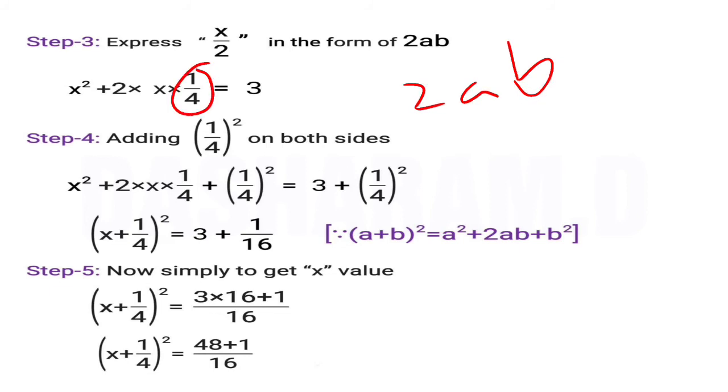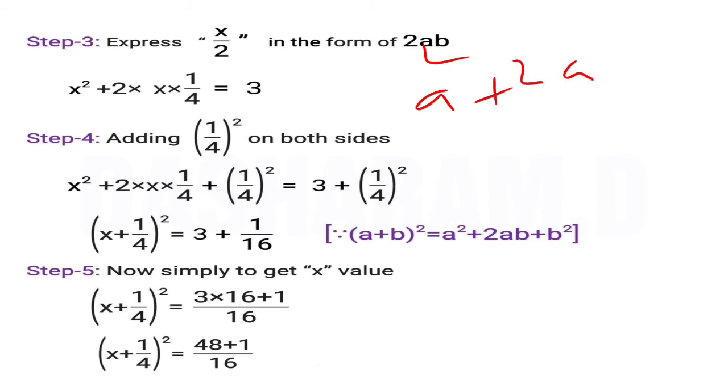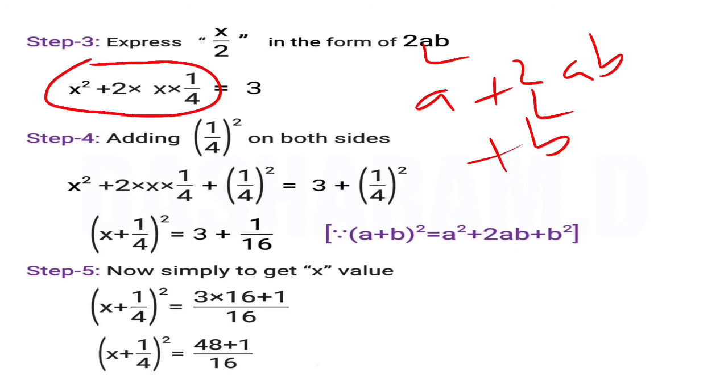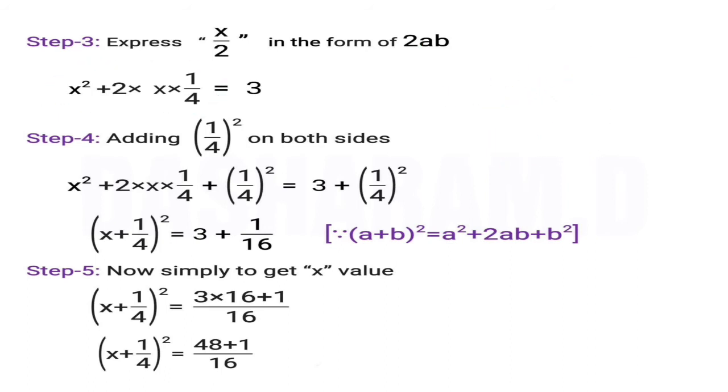So to get the perfect square, we need a² + 2ab + b². But here, in a² + 2ab, only 2 terms are available. So we require one more term, that is b². So that is why we add (1/4)² on both sides. So that is step 4. So here on the left side (1/4)² is added, and on the right side also (1/4)² is added.